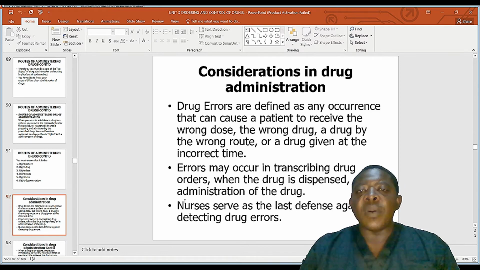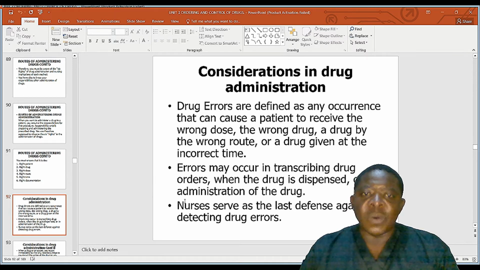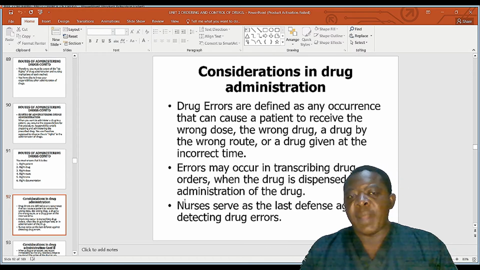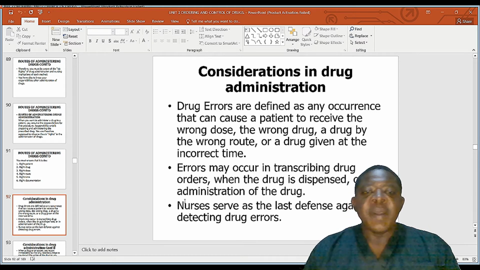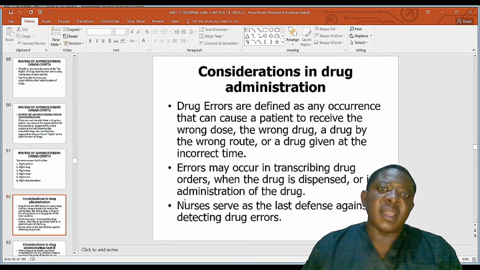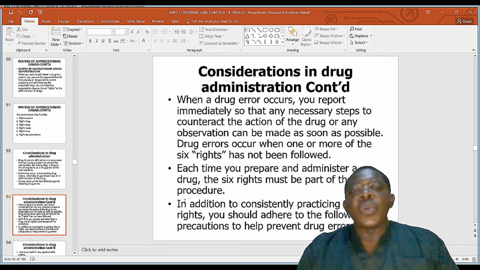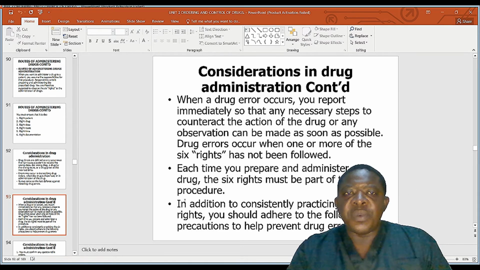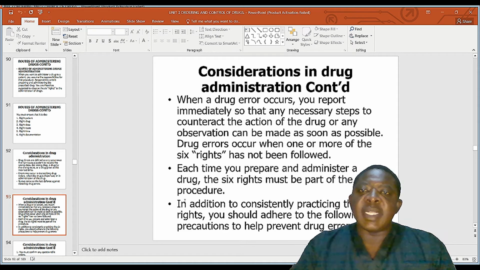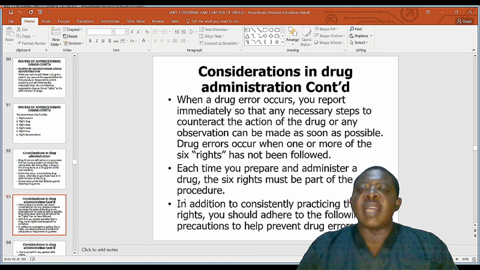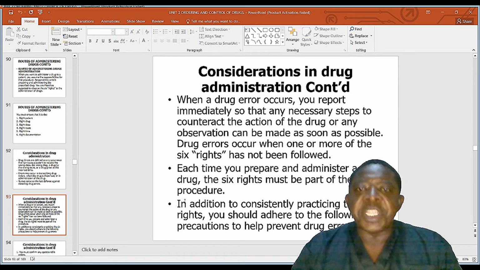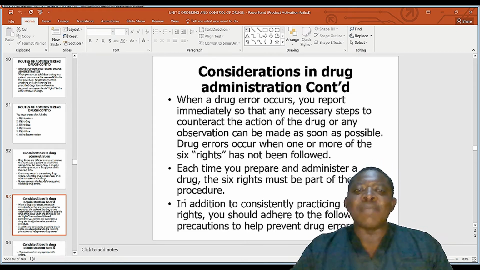Errors may occur in transcribing drug orders, when the drug is dispensed, or in administration of the drug. Nurses serve as the last defense against detecting drug errors. So when a drug error occurs, you report immediately so that any necessary steps are taken to counteract the action of the drug, or any observation can be made as soon as possible.